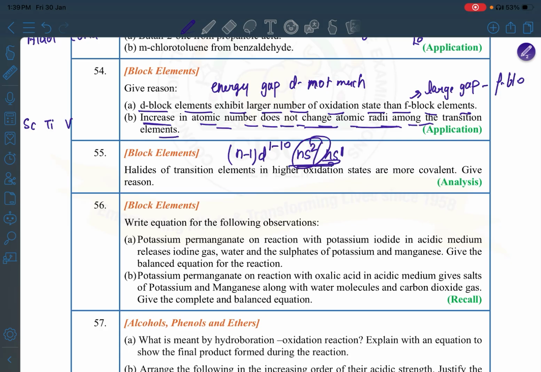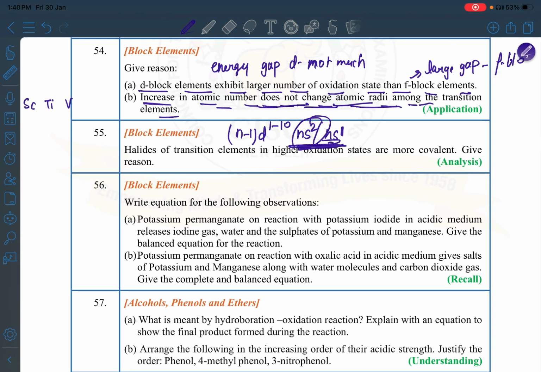So the outer orbital configuration is the same for all d-block elements in the same period, and they do not have a different number of outermost shells. That's why their atomic radius does not change much in any given period. They do change slightly, but not much, because of this configuration.